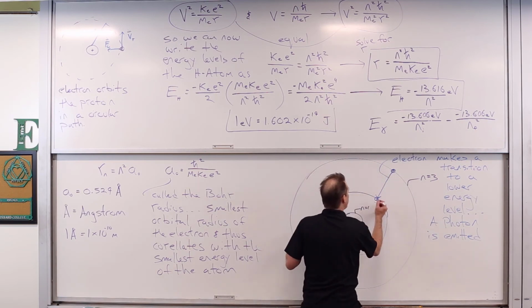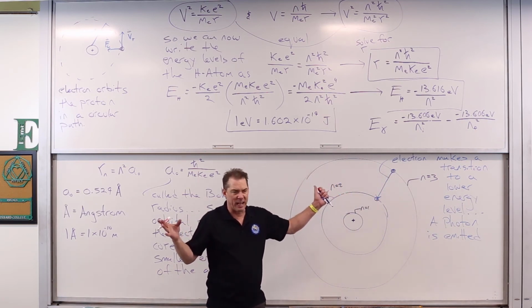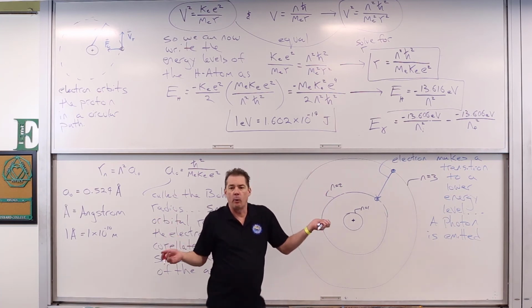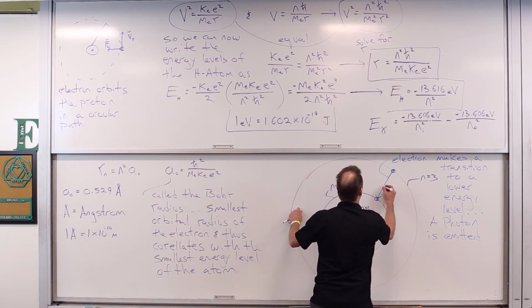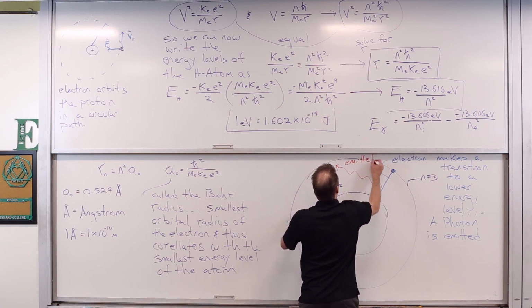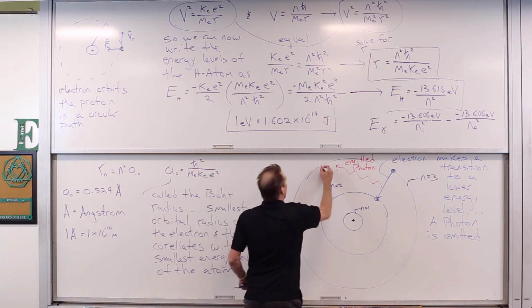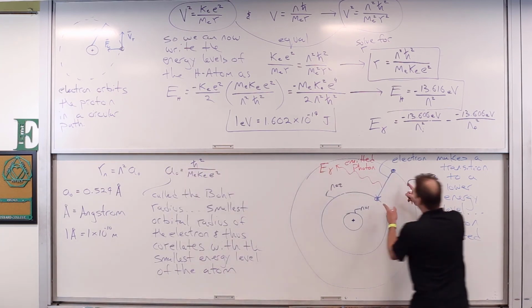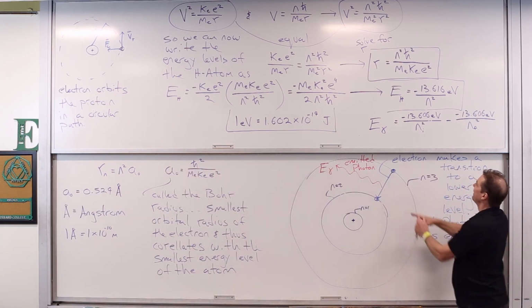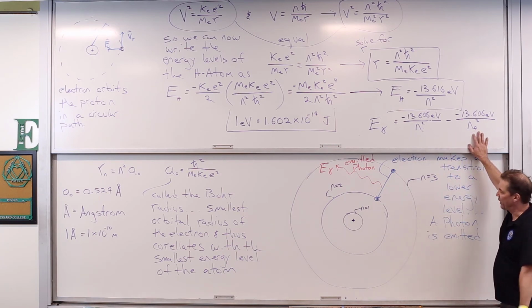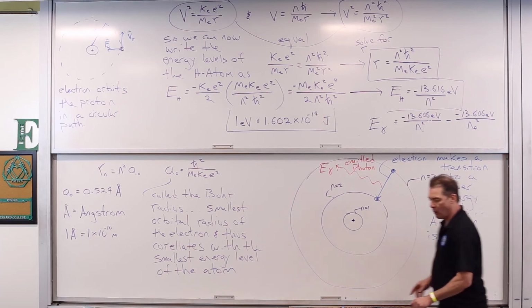Well, this releases energy. We've got that the energy level of the hydrogen atom reduces. Energy can't just go away. It spits out a photon. And the energy of that emitted photon, E sub gamma, would be equal to the energy level difference between these two energy levels here, which, well, we've already gotten. We could go ahead and compute those out and figure out what the energy of that photon is.